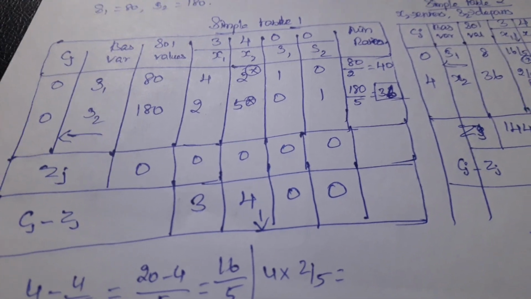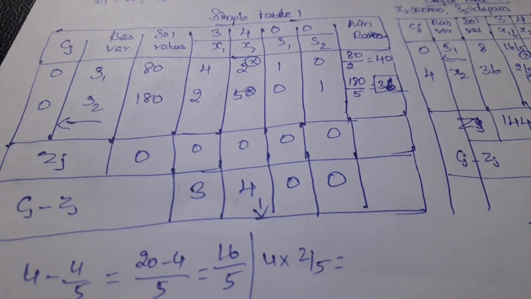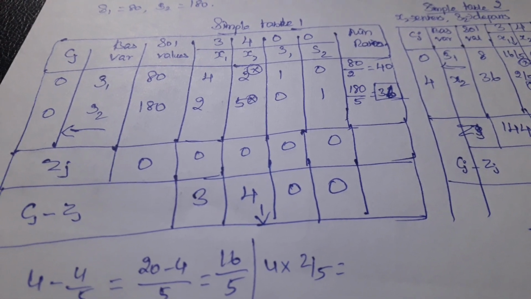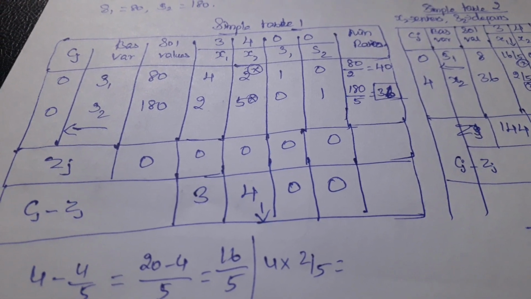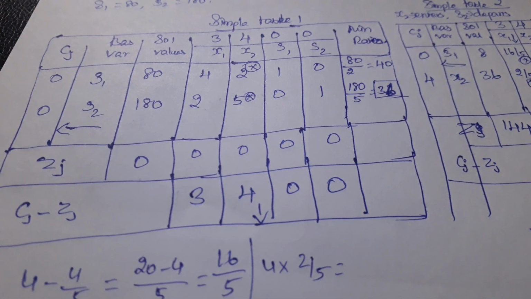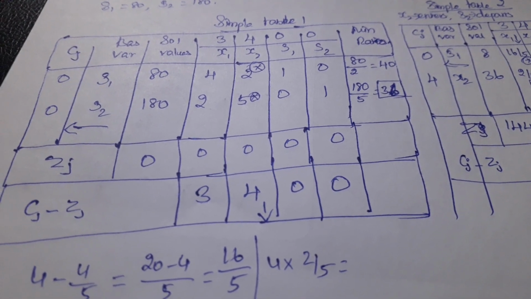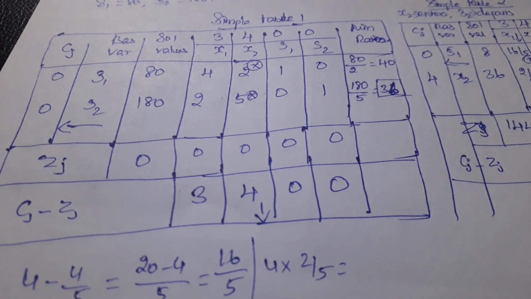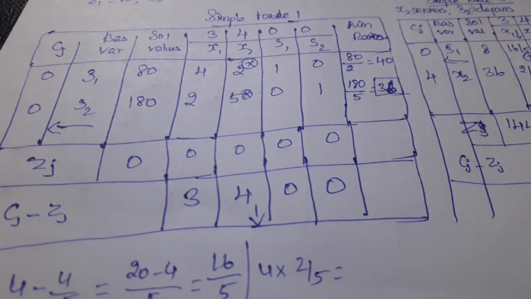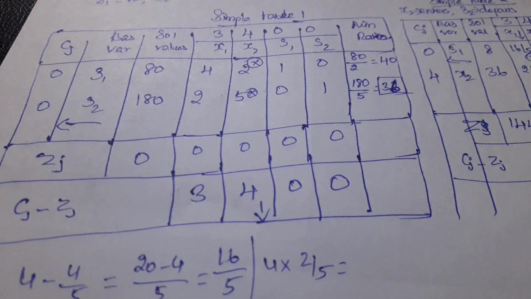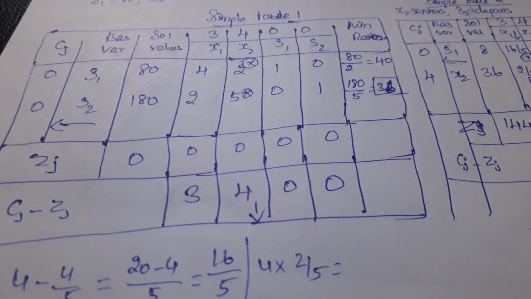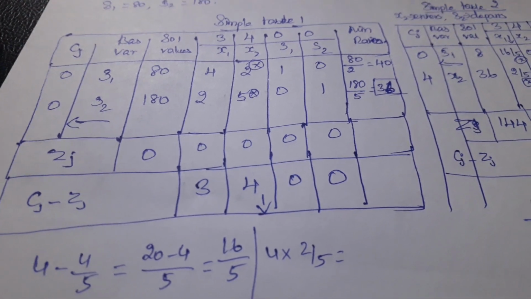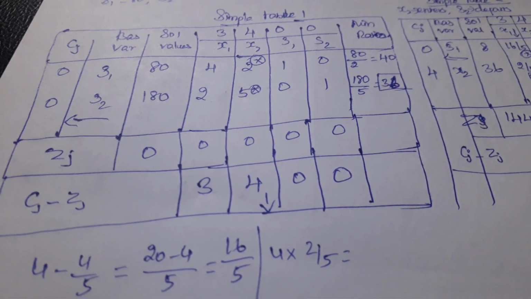So now we have to multiply the CJ value and the solution values. So 0 into 80, 0, plus 0 into 180, 0. That's why here it is 0. And the second, 0 into 4, 0. If you add something with 0, the solution would be 0.